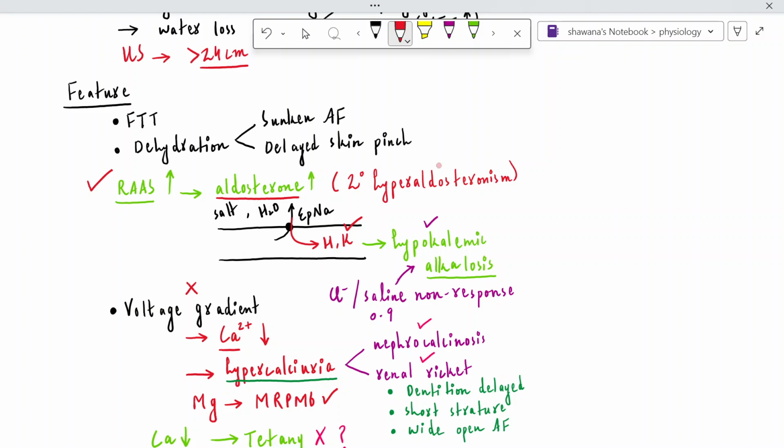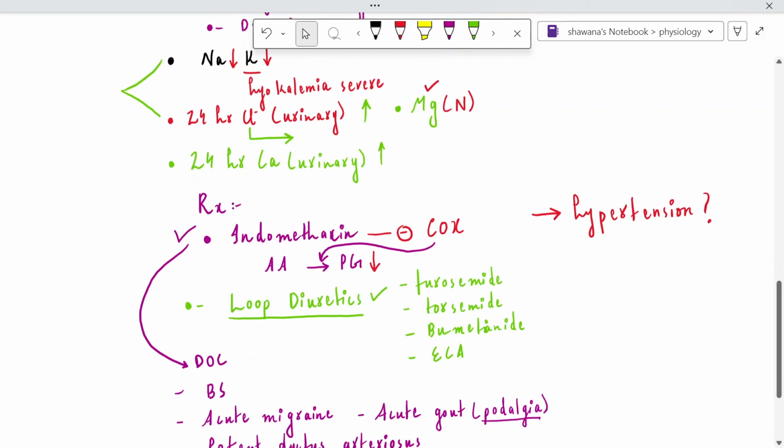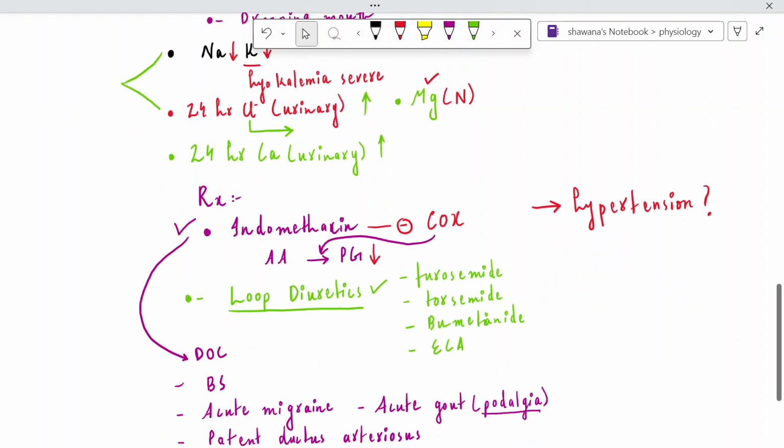So logically we think that when there is RAS activation there will be hypertension, but this is not the case here, because the defect originally is present in the channels that are causing polyuria, dehydration, water loss, salt wasting. It means that the pathologic process is overriding the physiologic process, that is RAS. Hypertension will not be present in Bartter syndrome as well as in Gitelman syndrome.